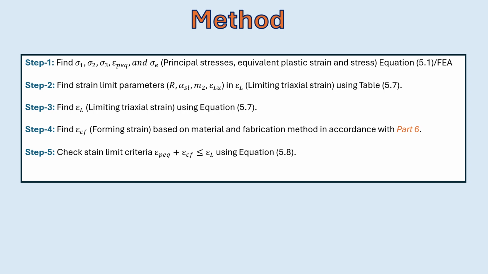Step 3 is to find the limiting triaxial strain using equation 5.7. Step 4 is forming strain based on material and fabrication method in accordance with part 6. Step 5, which is the final step, is to check the strain limit criteria using equation 5.8.